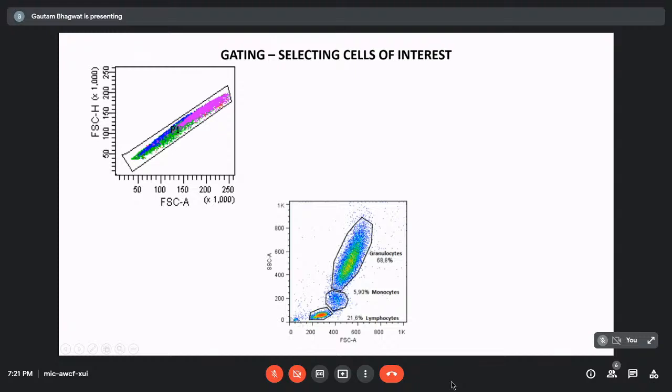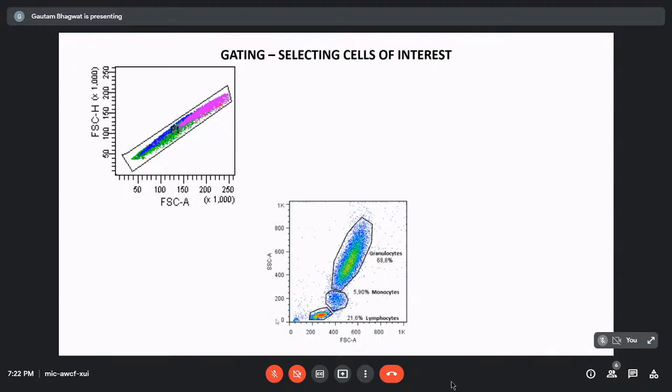Now what are these cells? These are most likely the debris or the fragments of RBC which we have lysed. So on what basis are we removing this? So we know that these cells have a very low size, even less than lymphocytes, and we know that there are no WBCs in our peripheral blood which would have a size less than the lymphocyte.